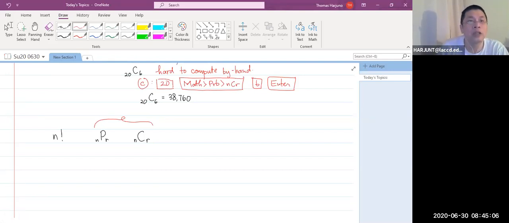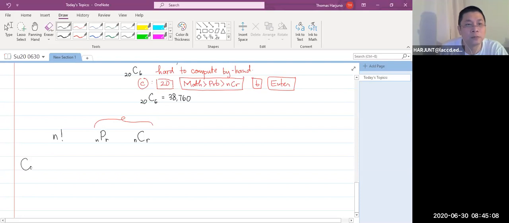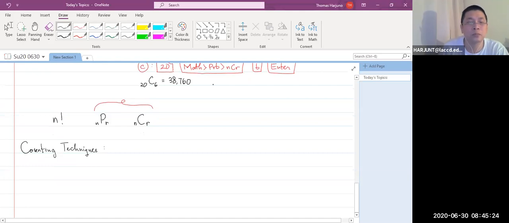Now, counting techniques itself consists of three big parts. The first one is called fundamental principle of counting.